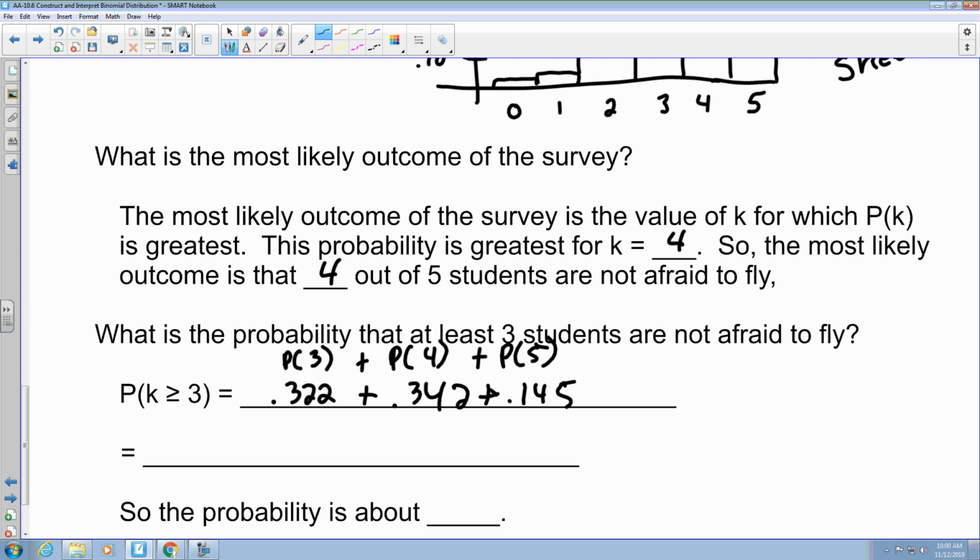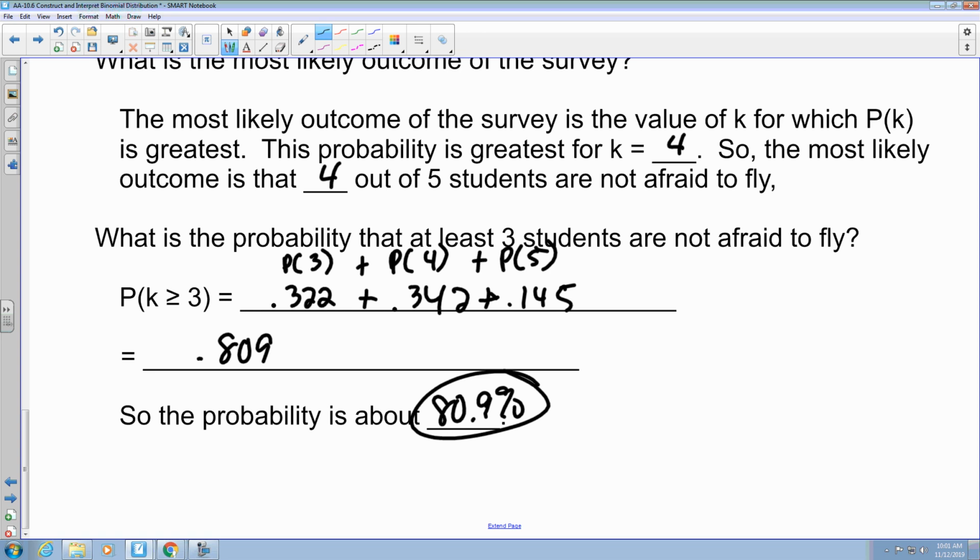Add those up and I get a result of 0.809, so the probability is about 80.9%. Really close to 81%. So there's an 81% chance of at least 3 students stating that they're not afraid to fly.